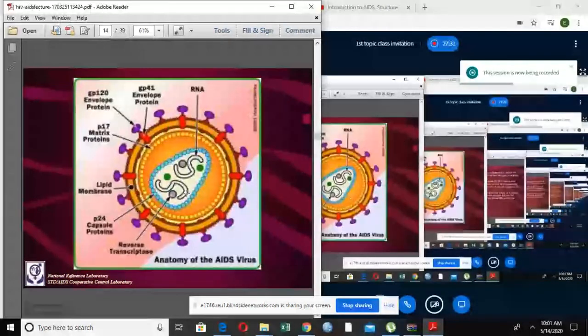This is the HIV virus. We have the envelope protein, that is also the receptor.